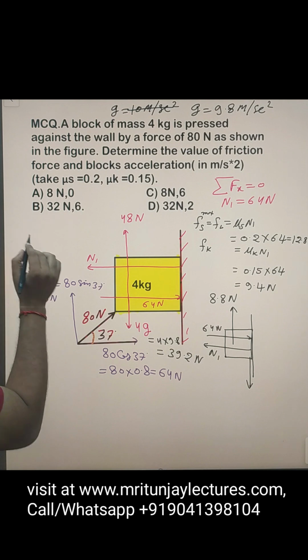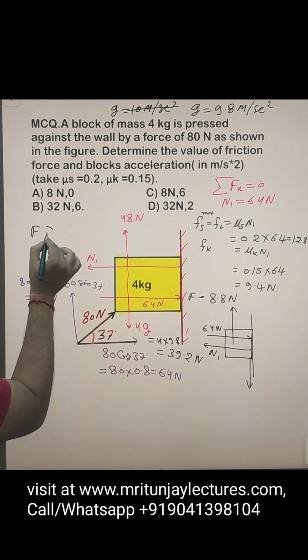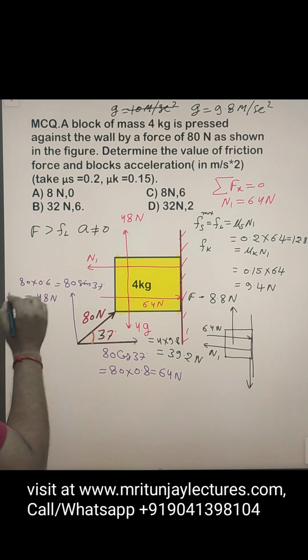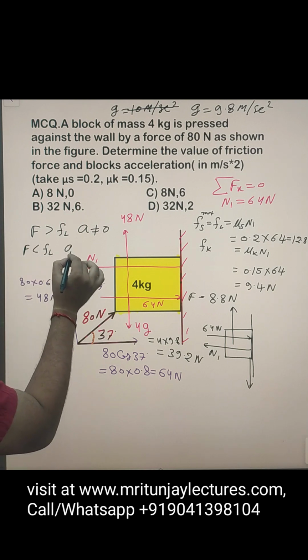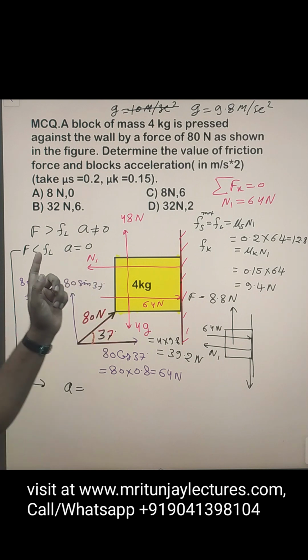This block moves only if the applied force is greater than the limiting value, then acceleration is not zero. But here F is less than FL, it means a is 0. Why? Because the limiting value is greater than the applied force.